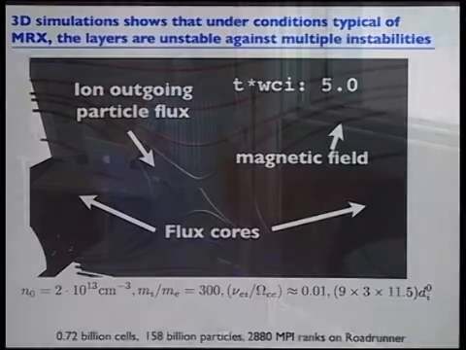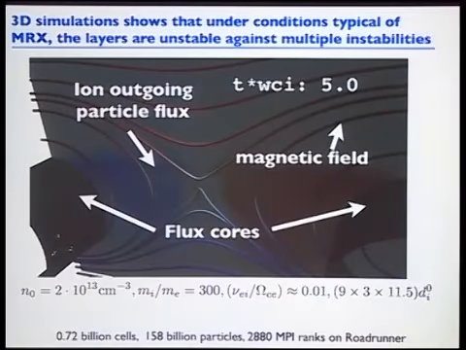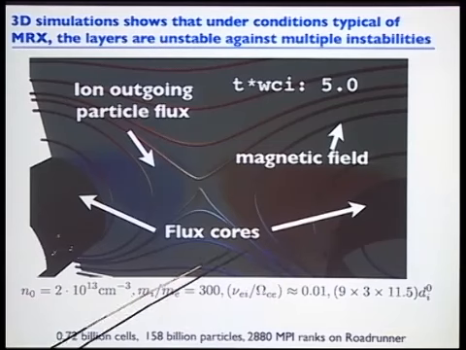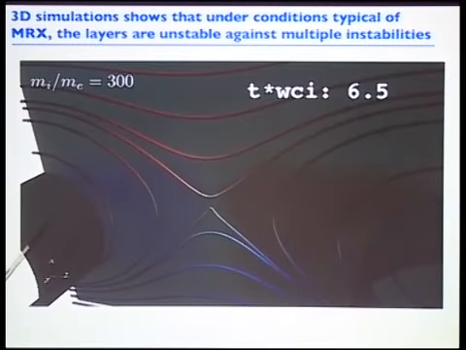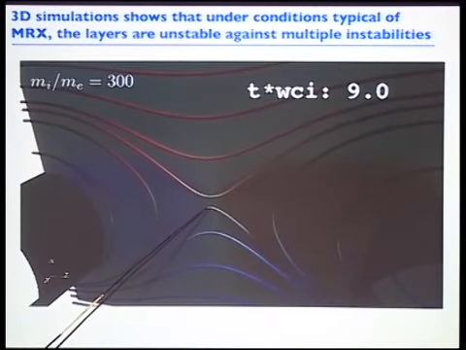So, 3D. Vadim coded up these boundary conditions in VPIC in 3D. I'll just show you one movie and then I'll go into the results. Here are the flux cores again. He's really driving the reconnection process by reducing the current in these flux cores. The colors here are the ion outflow, and there are some sample magnetic field lines. What you're going to see in the movie is that you start inducing the current.